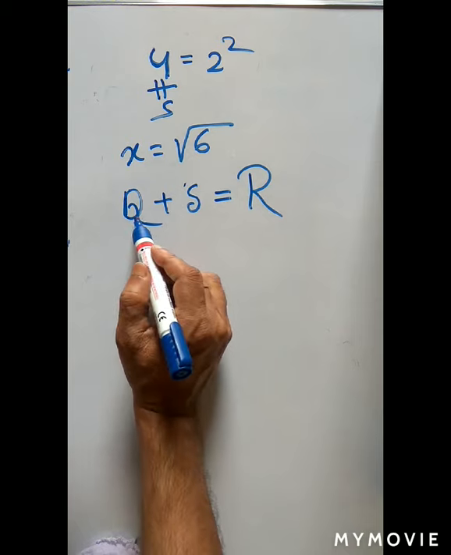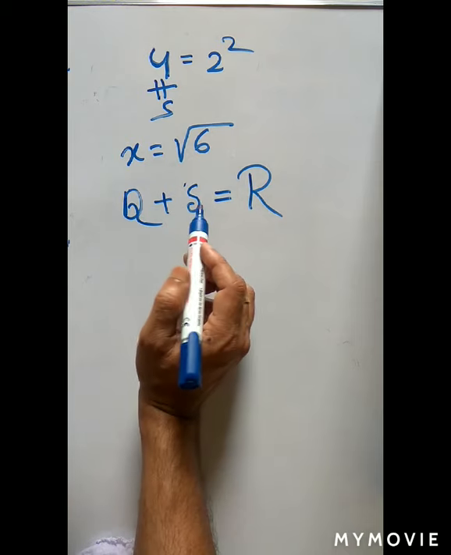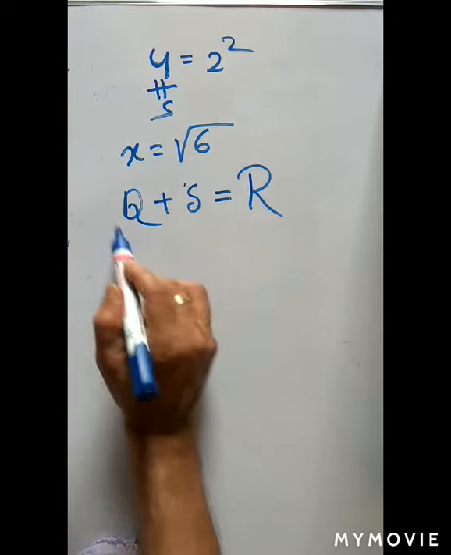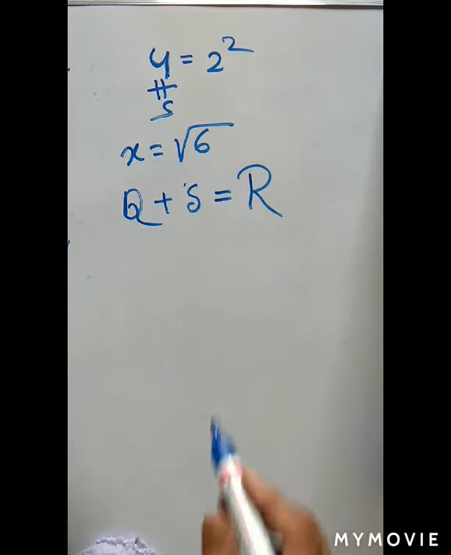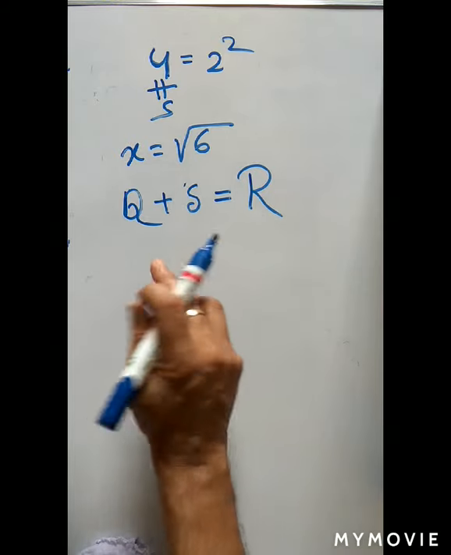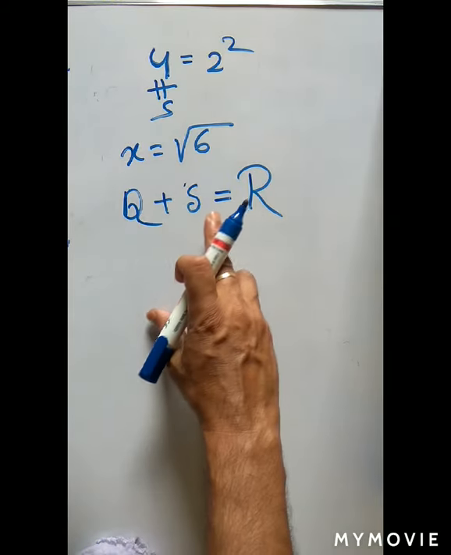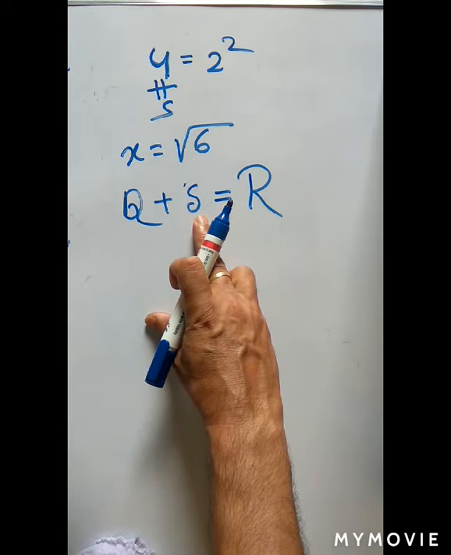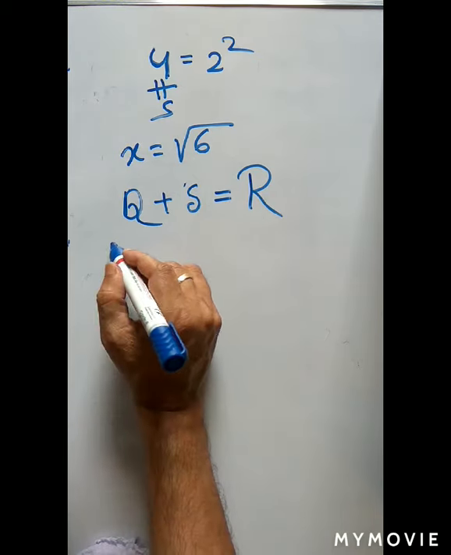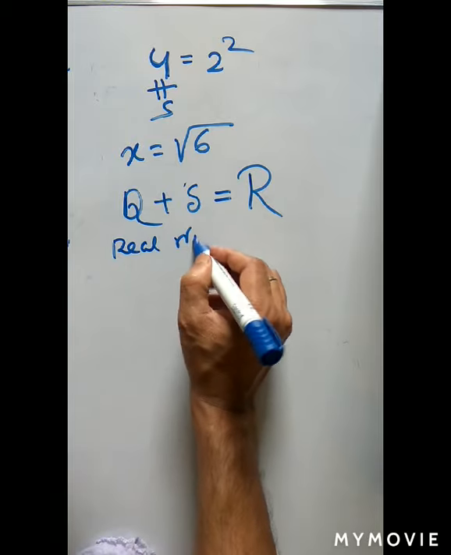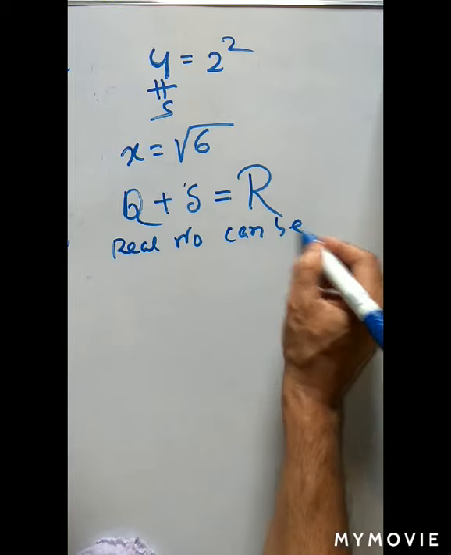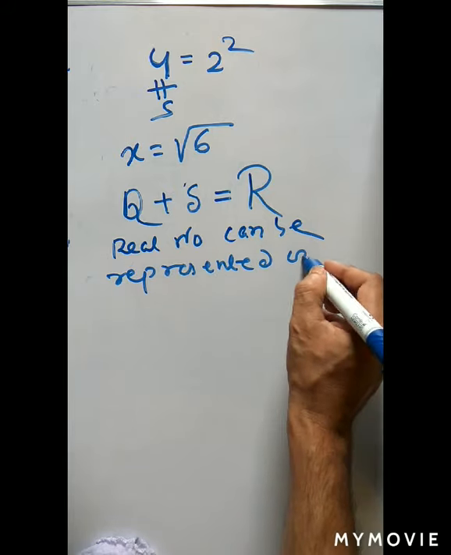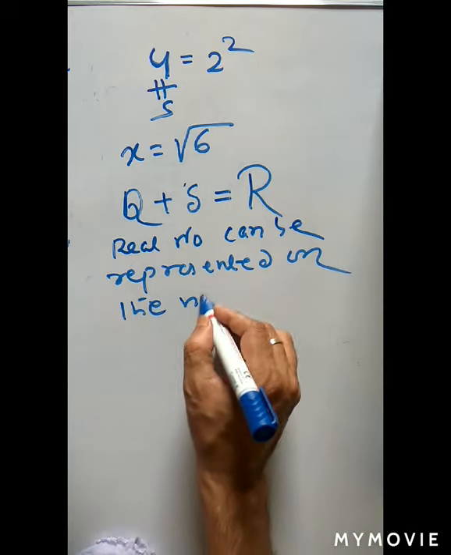So Q is the set of rational numbers, S is the set of irrational numbers, and the combination of rational and irrational numbers is called real numbers. And like rational numbers, we can also represent irrational numbers on the number line. That means any real number can be represented on the number line.